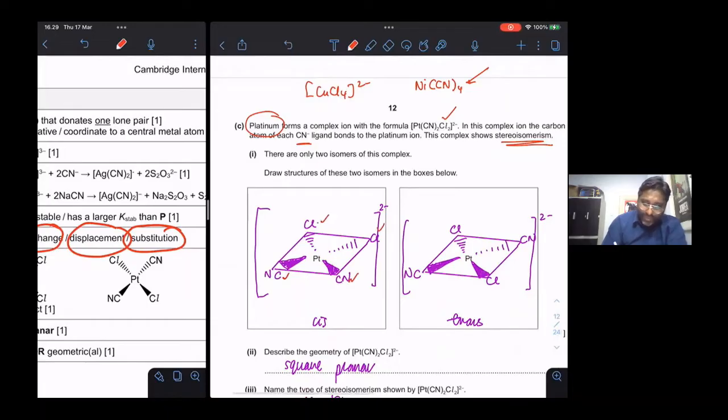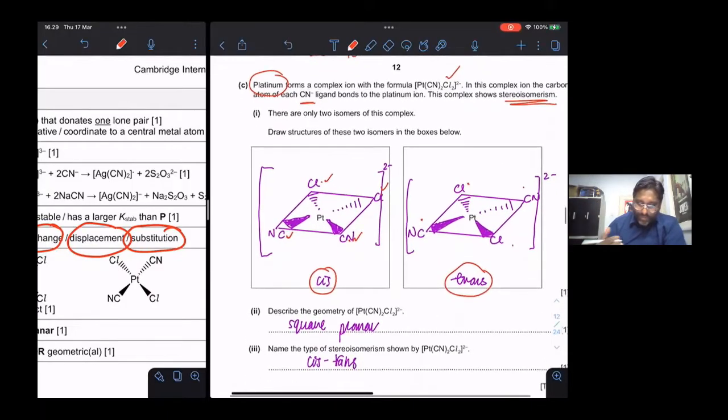You can see Cl and Cl, and CN and CN, are side by side, so this is the cis isomer. Another isomer that I can draw: I put the Cl and Cl over here, with CN and CN opposite to each other, and that is your trans isomer.